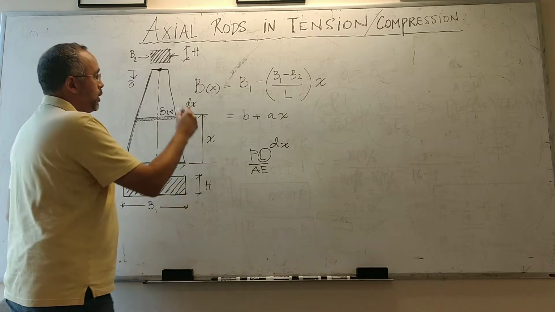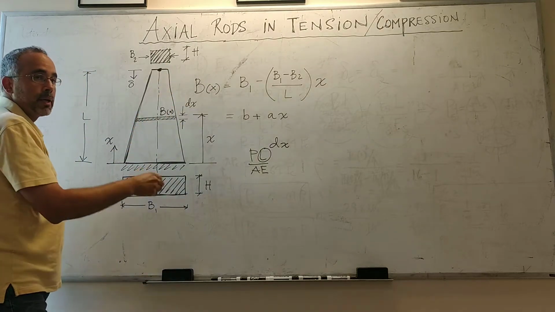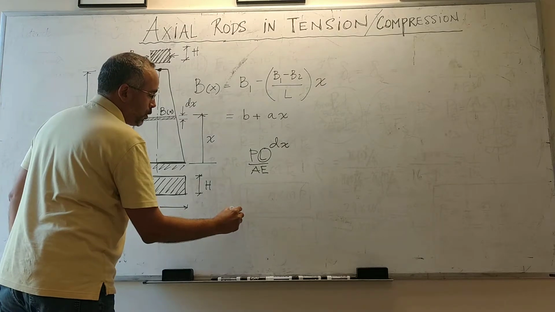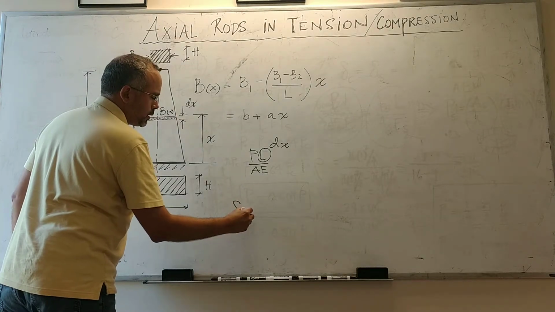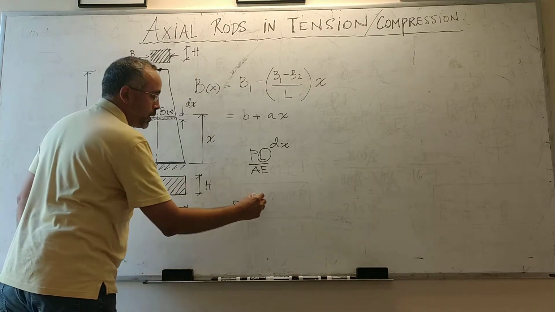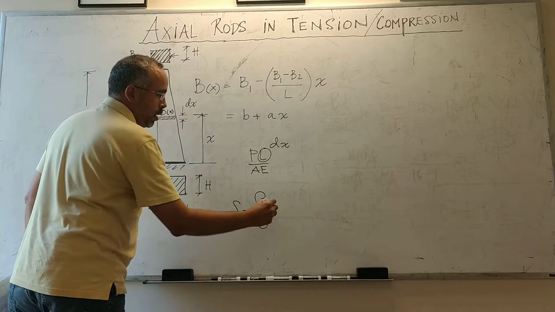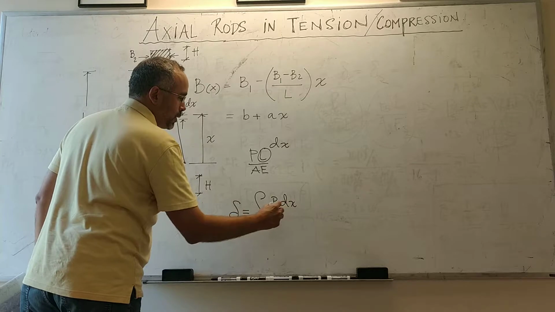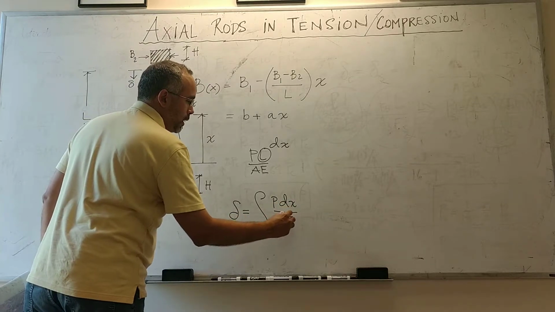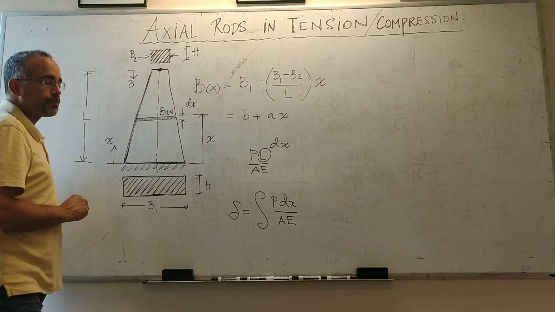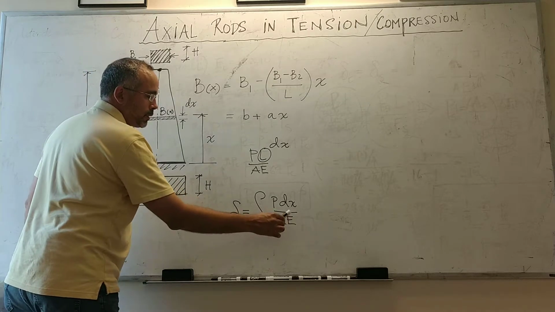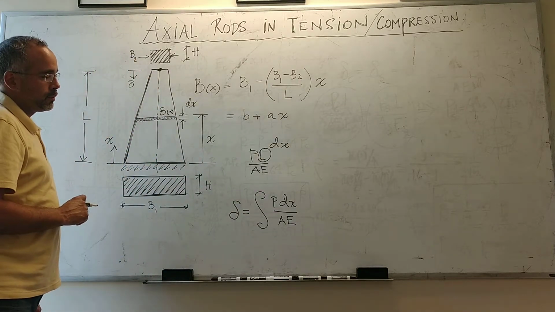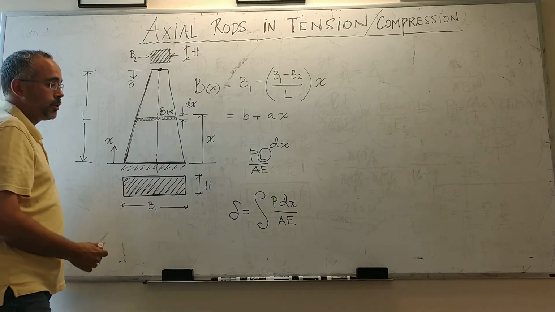And since we know that when they are in series, basically the deformations add, our formula is going to be that the total deformation is the sum of P times dx divided by A times E. E is the elastic modulus and A is the cross-sectional area, which in this case varies as a function of x.